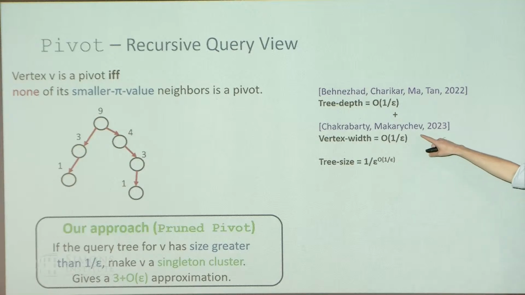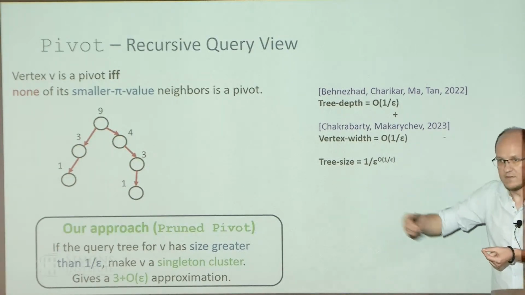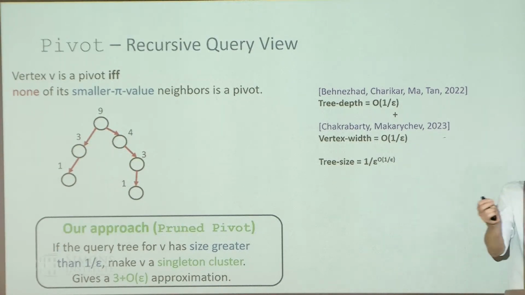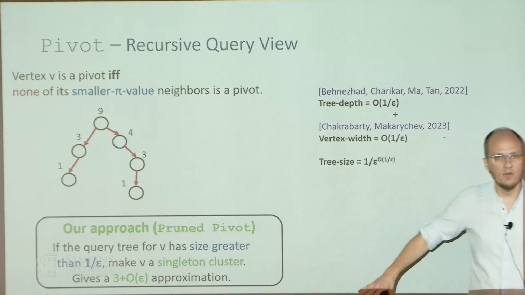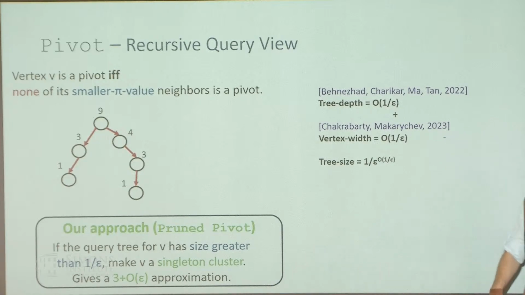There was another result by Chakrabarty and Makarychev, where they show that for every vertex in this recursive tree, it's enough to consider only the highest ranked 1 over epsilon neighbors, and if you need more neighbors, make them singletons. It also gives you a 3 plus epsilon approximation.